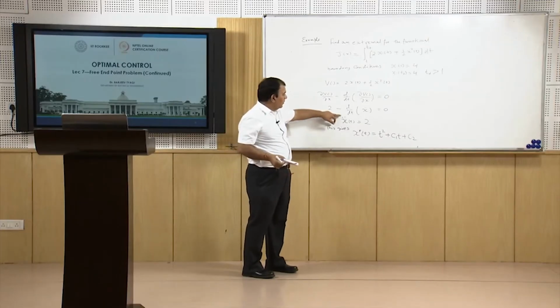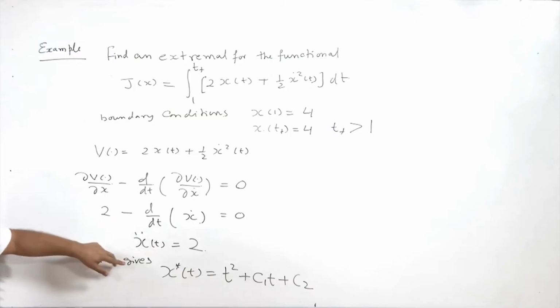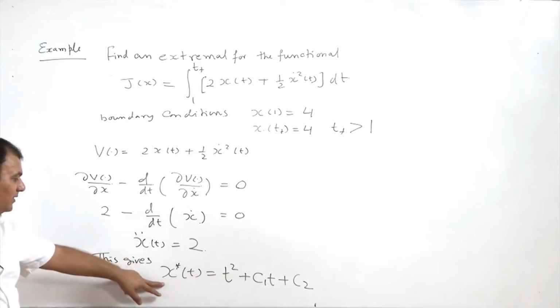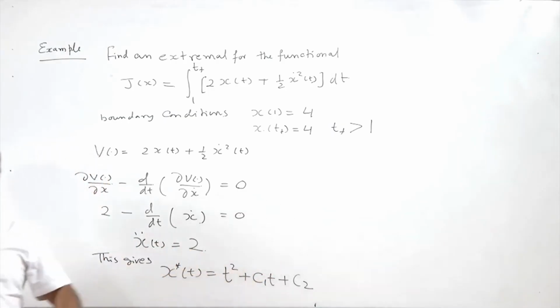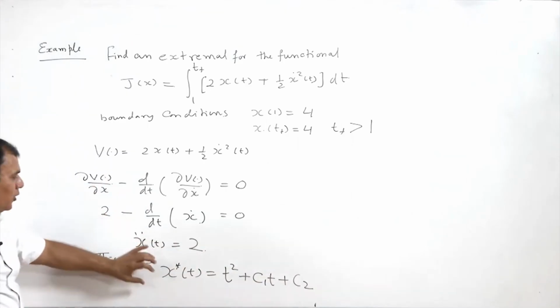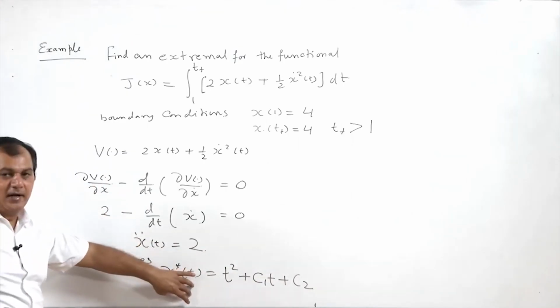If I solve, ẋ is 2t, and further I will integrate this to get x*(t) as t² plus C1 t plus C2. So, this is the solution of my ẍ(t) equal to 2 which I am getting here.